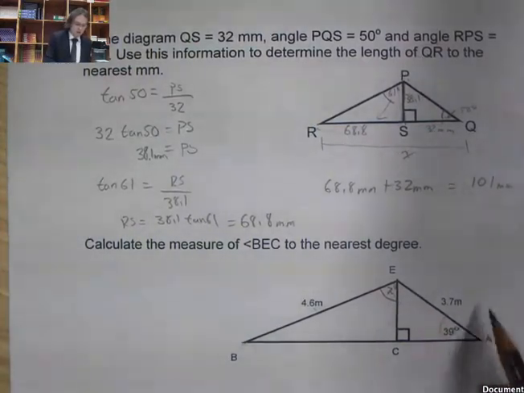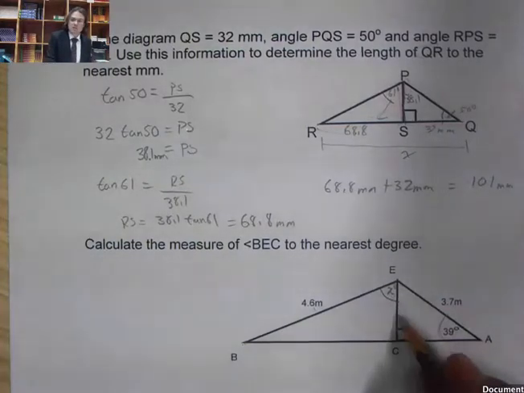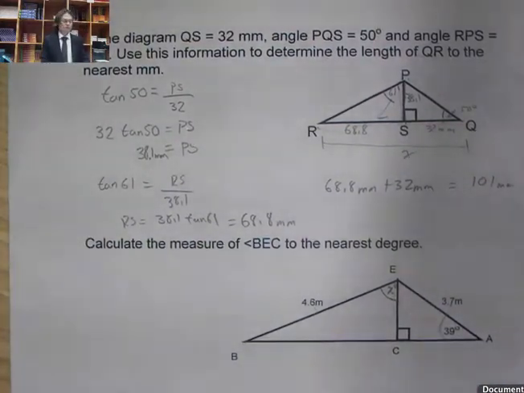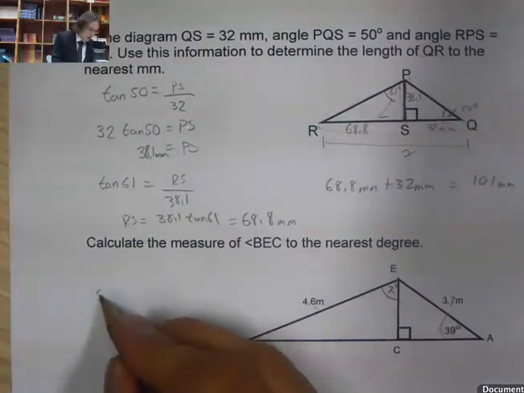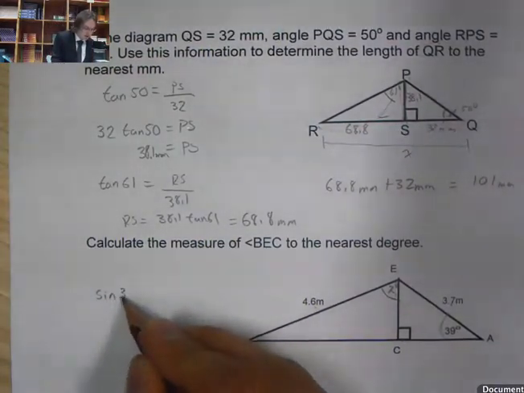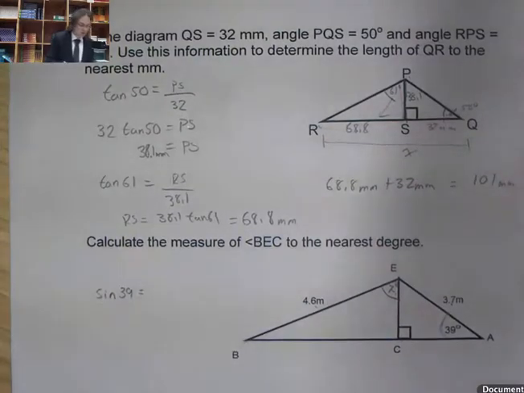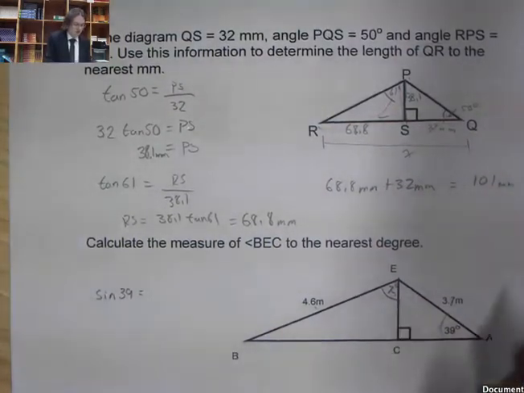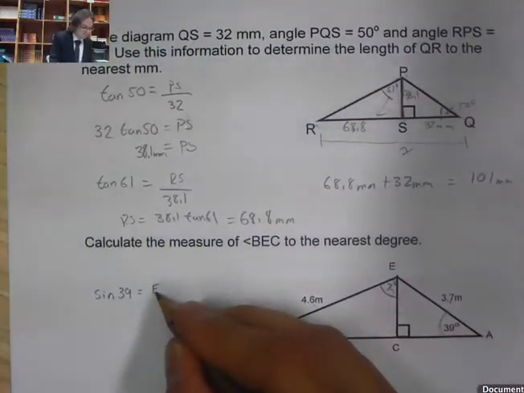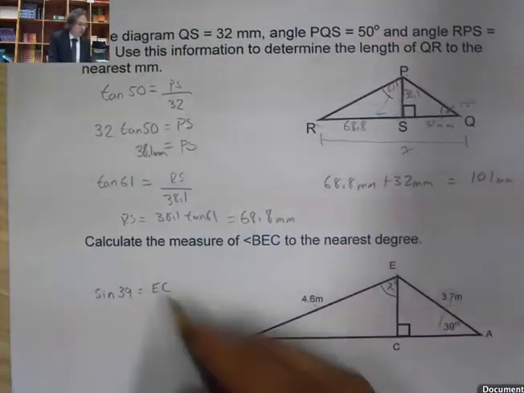So here we go. I have an angle, and I want to find the opposite, but this time I know the hypotenuse. So what are we going to use? We're going to use sine. So sine 39 is equal to my opposite, which is EC, over my hypotenuse, which is 3.7.